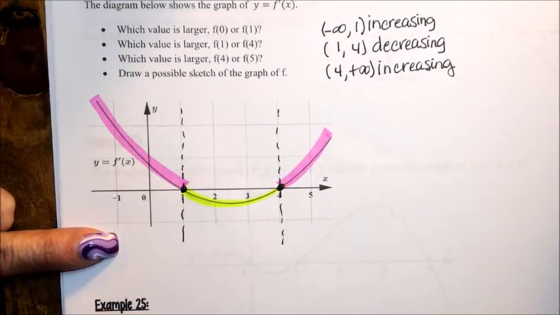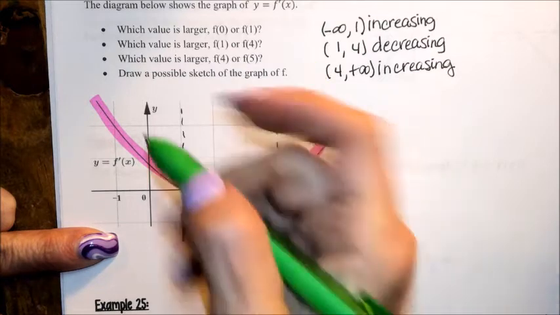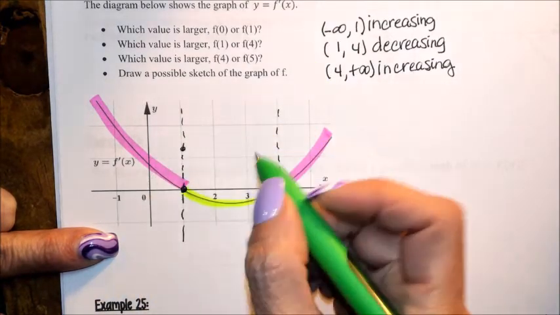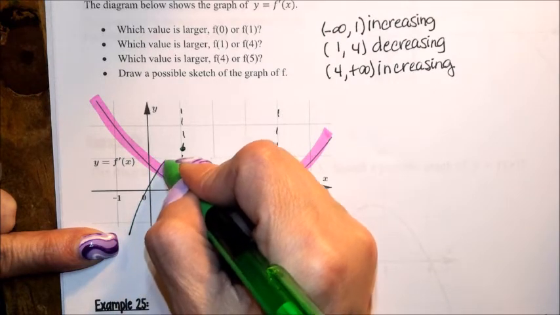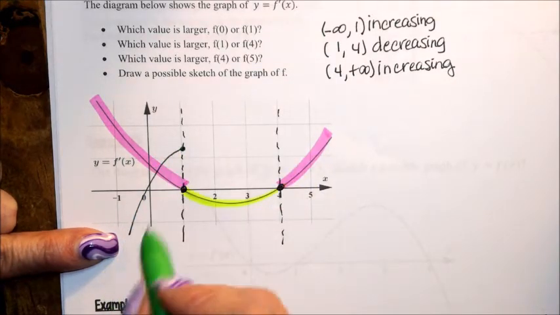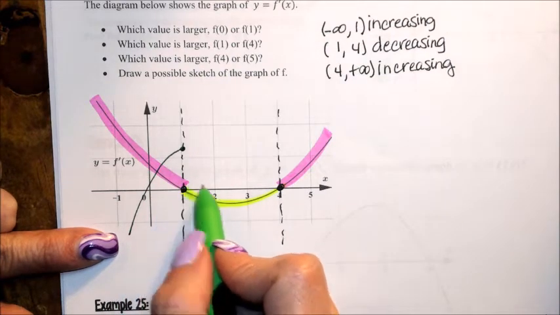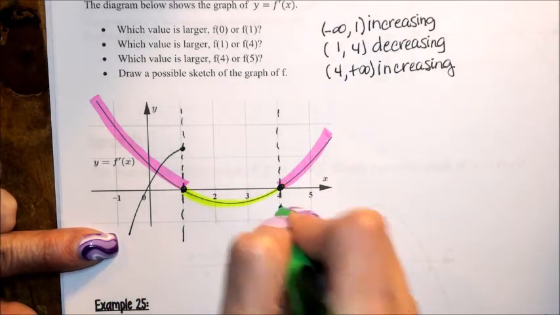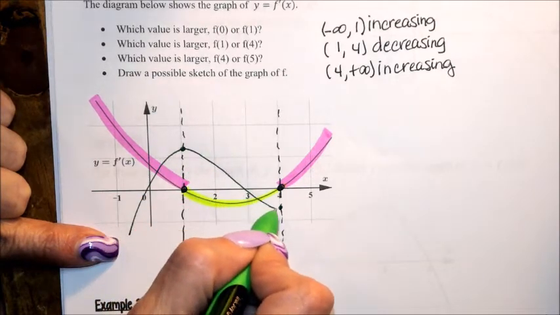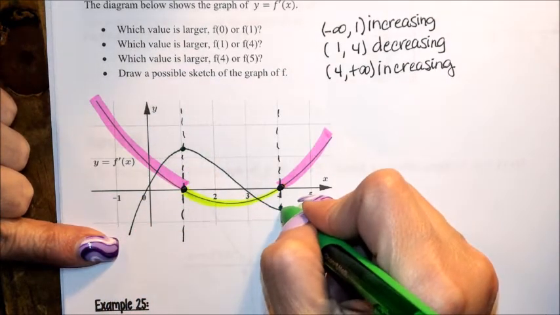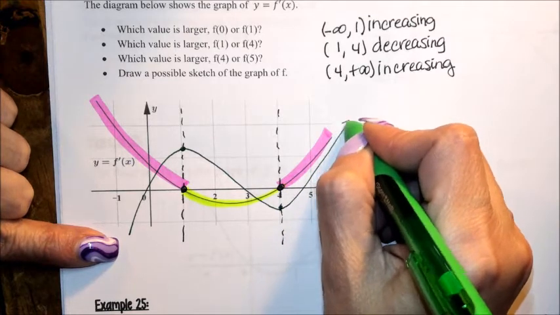From negative infinity to 1, it's increasing. So I'm just going to put a point up here. It doesn't matter where. I know that as it comes up to 1 right here, it's increasing. And then at 1, it starts decreasing down. I'll just say down to here. Decreasing to 4. And then at 4, it starts increasing again.